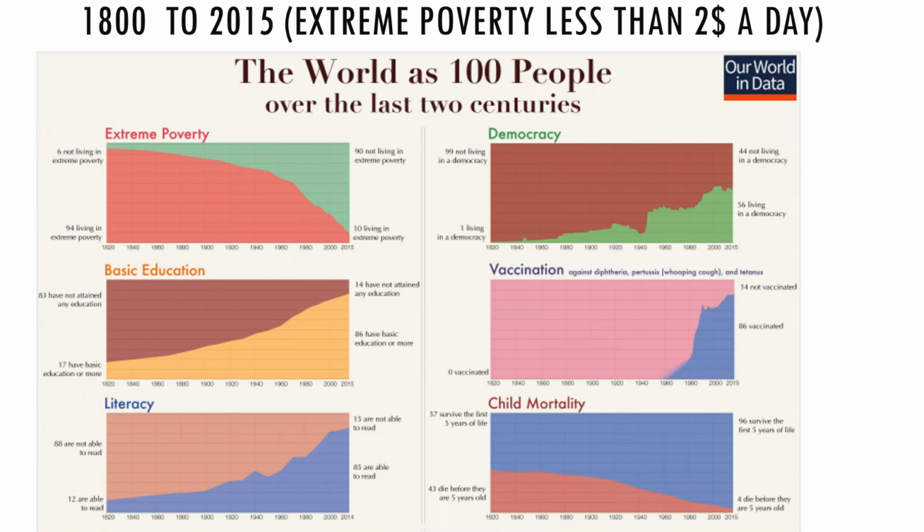Imagine we have 10,000 years of the history of mankind, written history and discoveries, and up to 1800, we were starving to death. So something happened. Now, basic education in the 1800s: only 17% of the people had basic education.